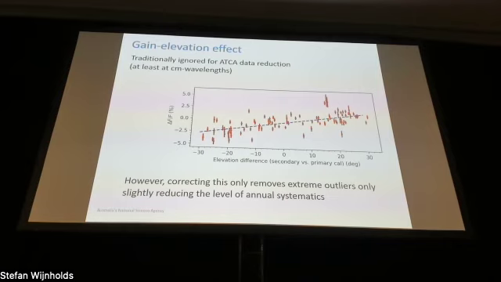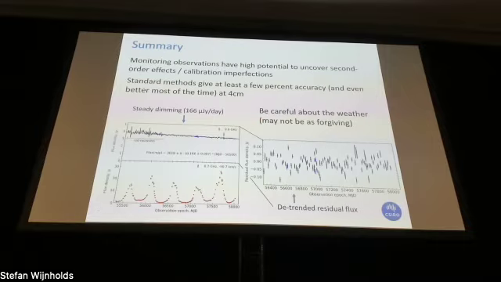Not sure why, not hugely, but significantly. And it flattened this curve, but it didn't remove all the annual periodicity, just removed extreme outliers. So the mystery is still remaining.